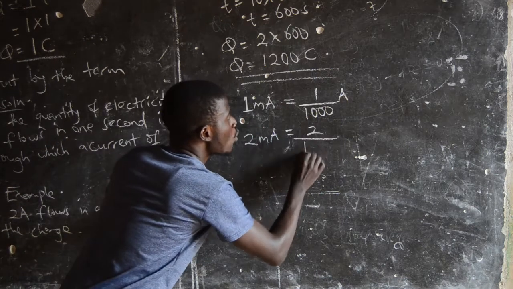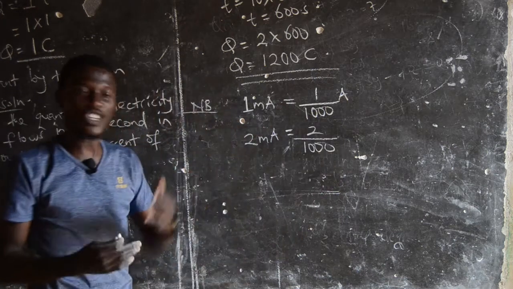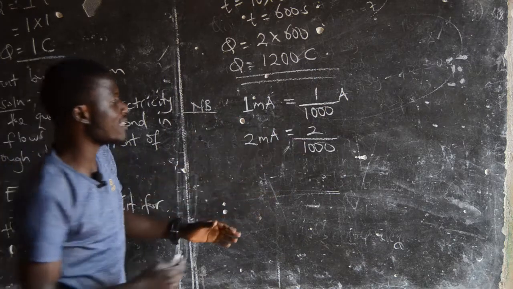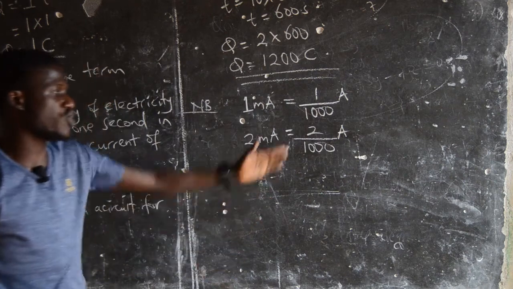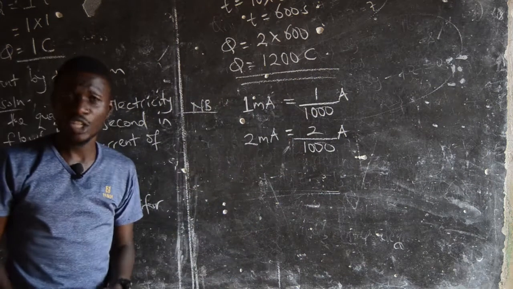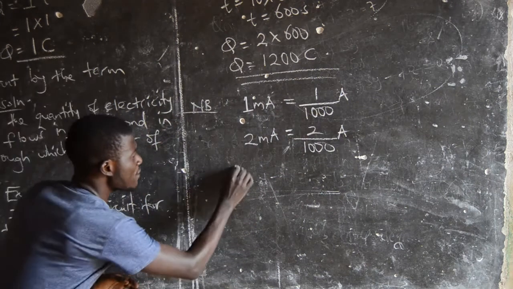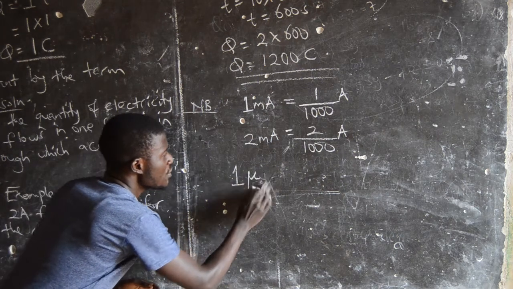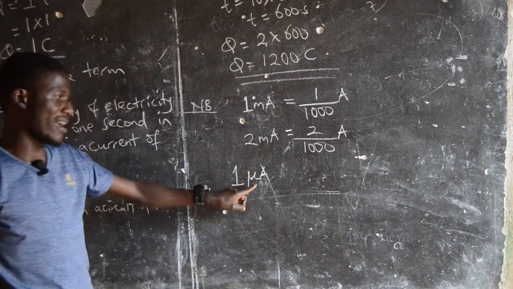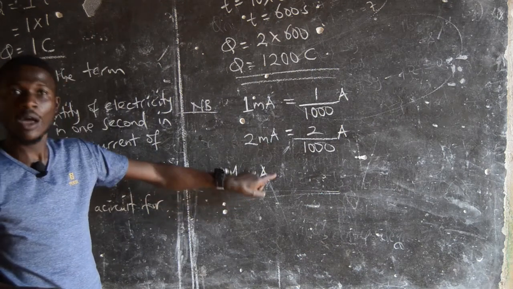Then you take to the correct SI unit, which is recommended. Therefore, you will get that answer in amperes, which is 0.002 amperes. If they give you, for example, 1 microampere, this one looks like mu. That's 1 microampere.